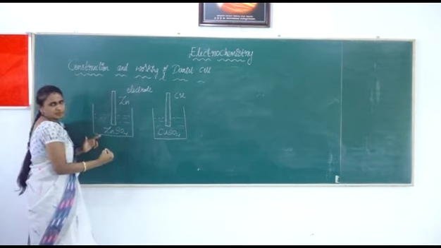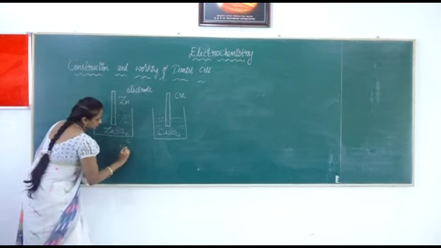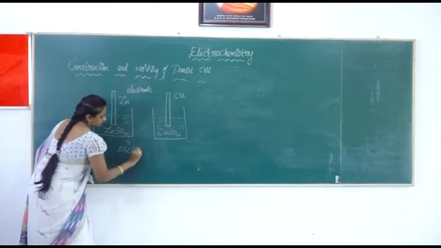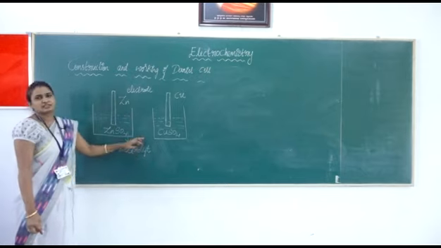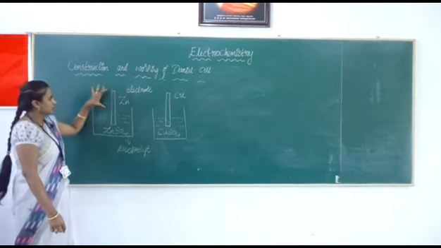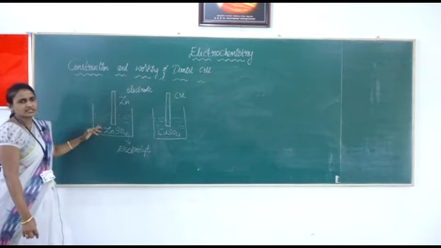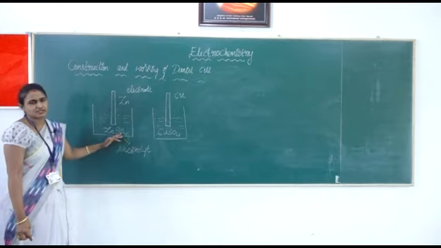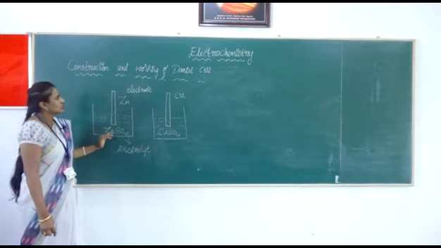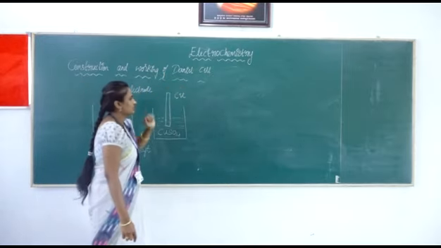The solution is called an electrolyte, also called an electrolytic solution. A metal rod is called an electrode, and when it is dipped into a solution of its own ion, that solution is called an electrolyte. These two terms are very important. So now let us see the construction and working of the Daniell cell.